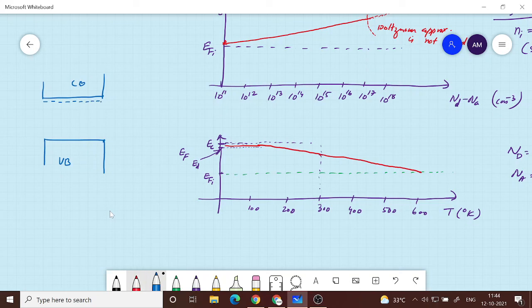So all the electrons, if you look at 0 degree Kelvin, will be here. None will be going away from the donor impurity atom, with an absolutely filled valence band and an absolutely empty conduction band.